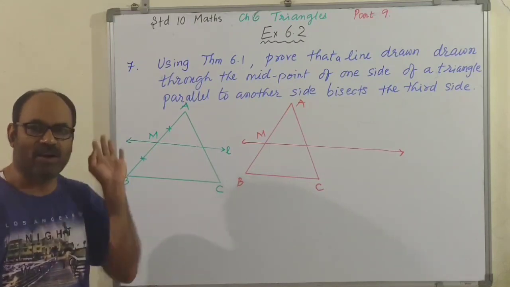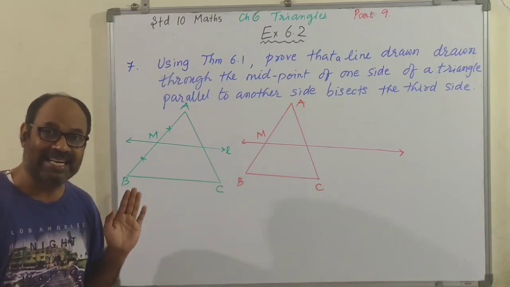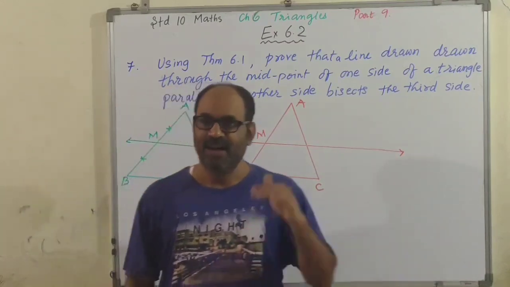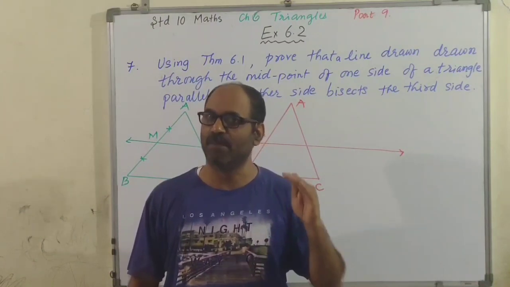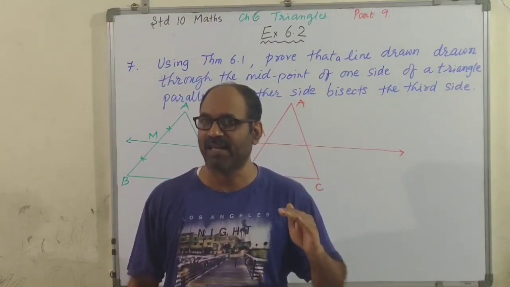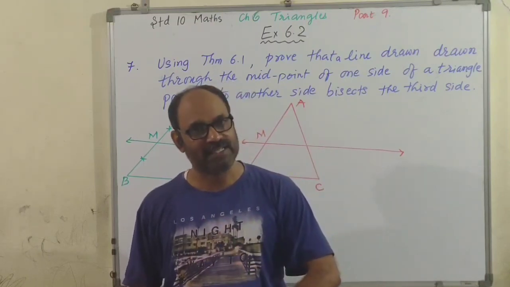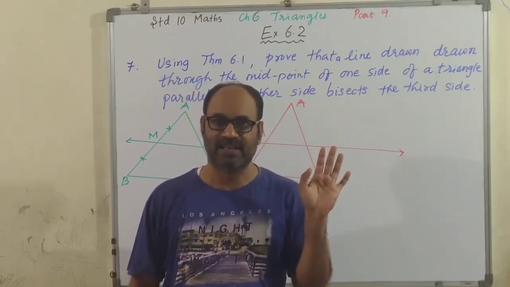That is a statement of one of the theorems learnt in standard 9. I repeat: a line passing through any side of a triangle, not through the endpoint, and parallel to the second side will always intersect the third side.